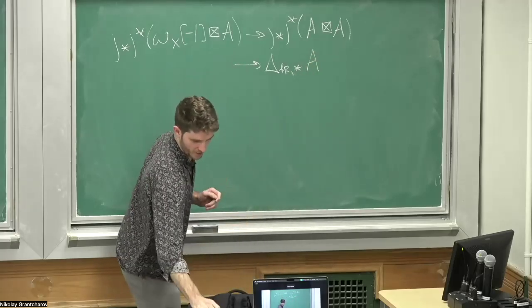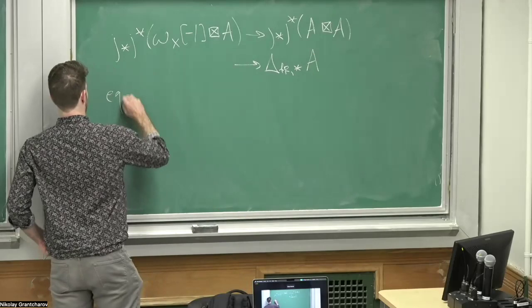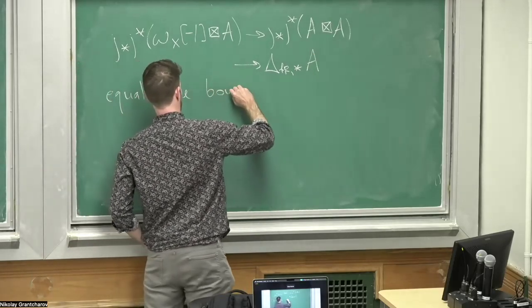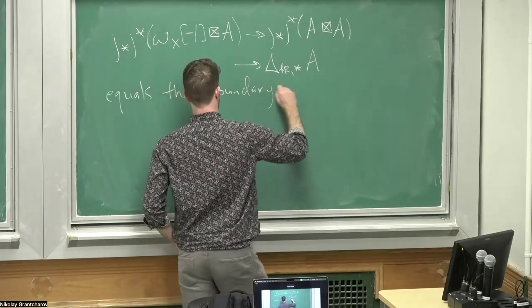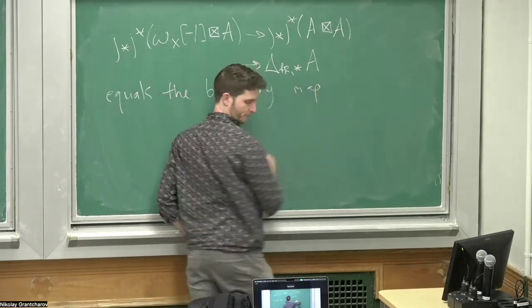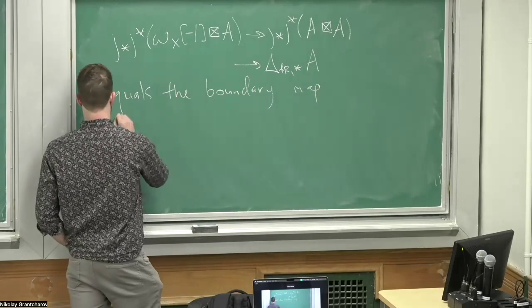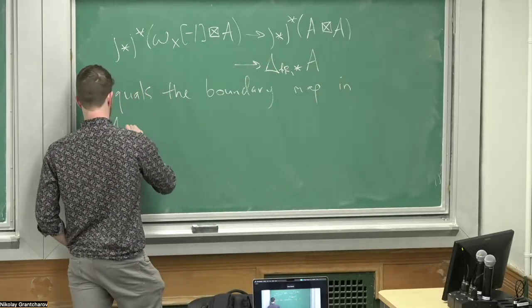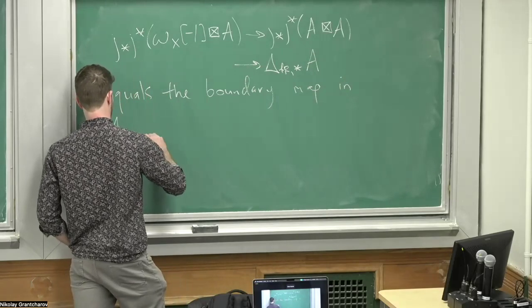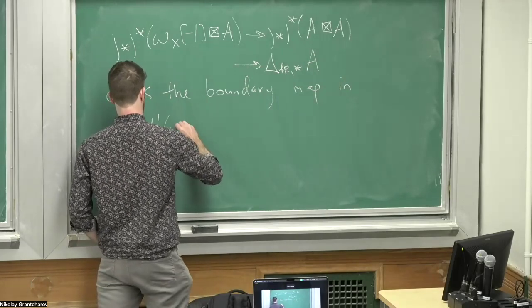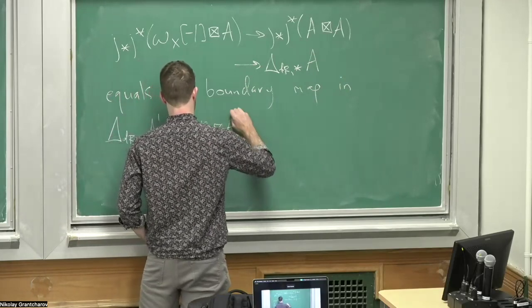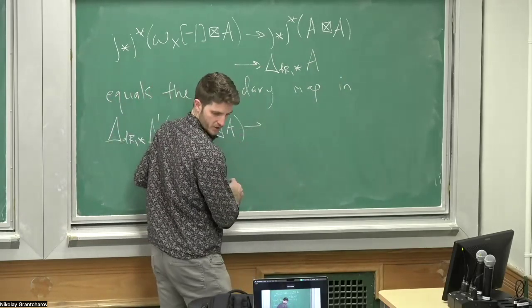I require that this equals the boundary map in the exact triangle as follows. Sorry, I don't want the shift here.